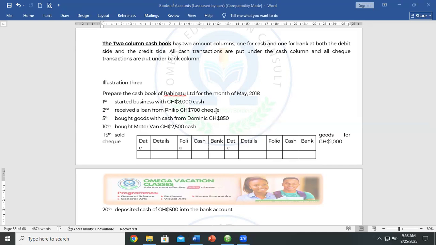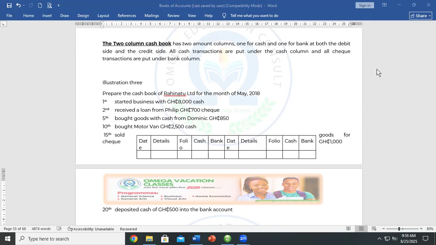Two-column cash book. The two-column cash book has two amount columns, one for cash and one for bank, at both the debit side and the credit side. All cash transactions are put under the cash column, and all check transactions are put under the bank column. Okay, thank you very much.